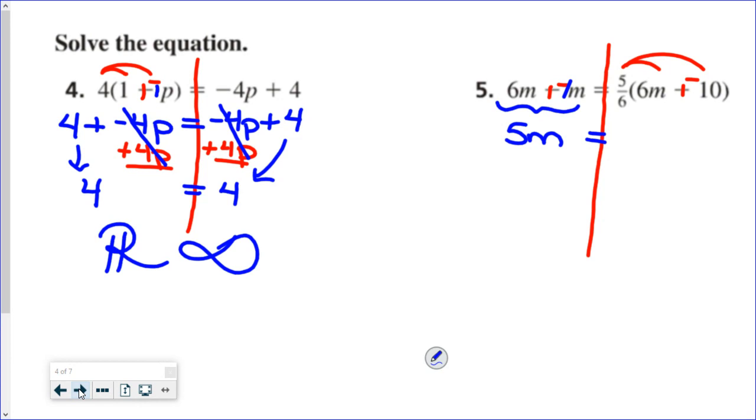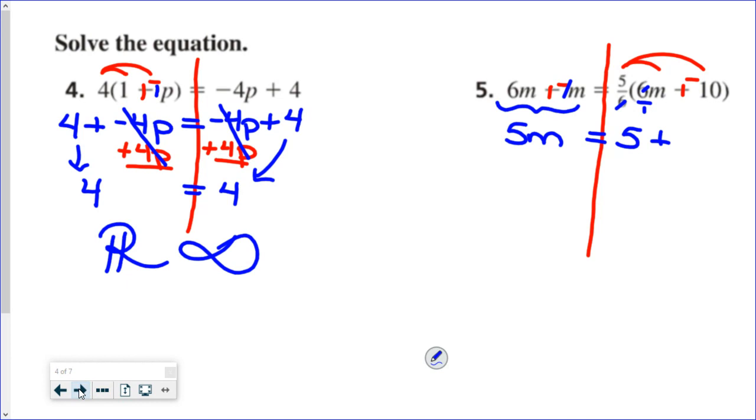Okay, so 5/6 times 6. If you use your calculator, there's an ABC button. You can do 5/6 times 6, and you end up with 5. Think about that. They cancel.